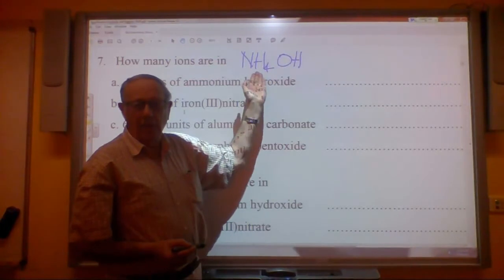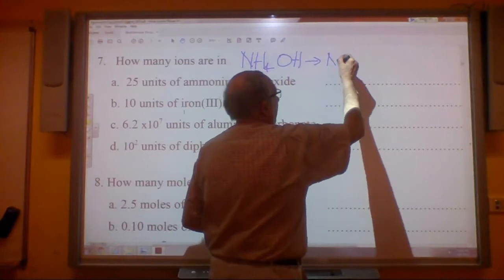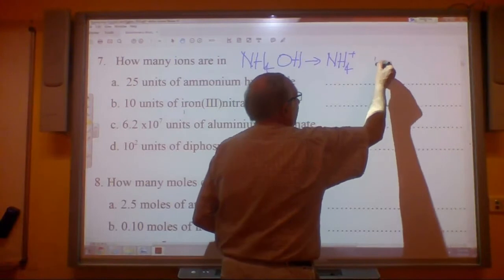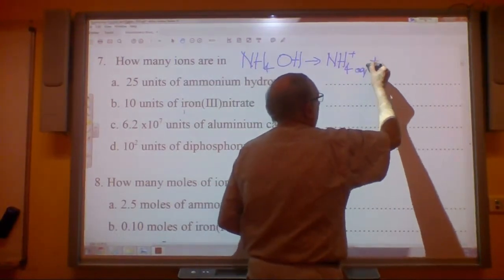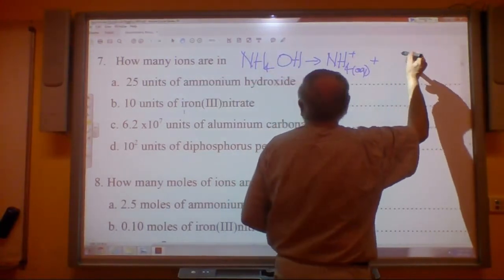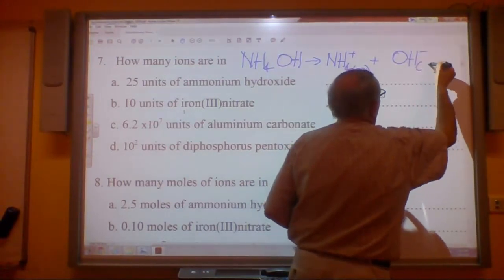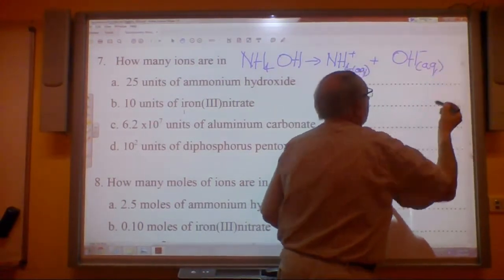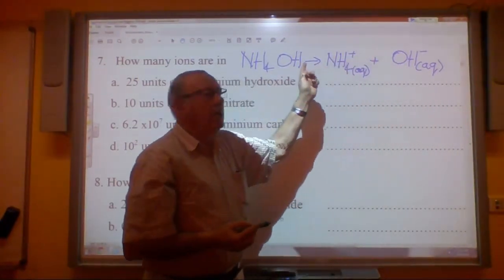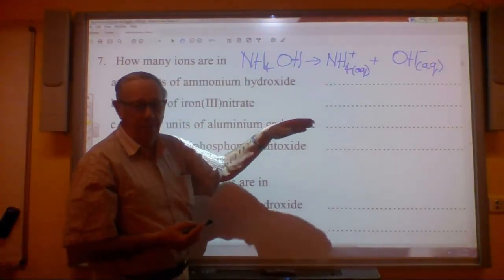When they are dissolved in water, we form the ammonium ion, which is NH4 plus, and we put a little aqueous sign there, the letters AQ, plus the hydroxide ion, and these are the two ions which form when we add this chemical, ammonium hydroxide, into water.